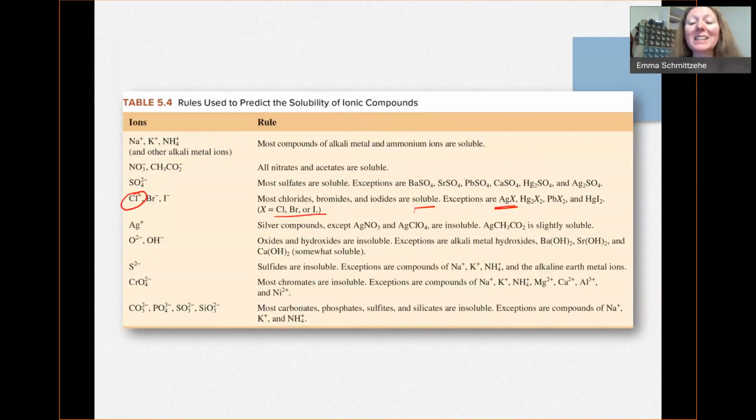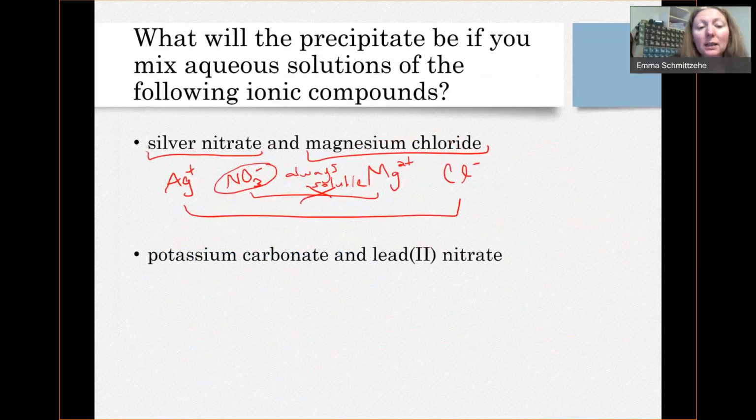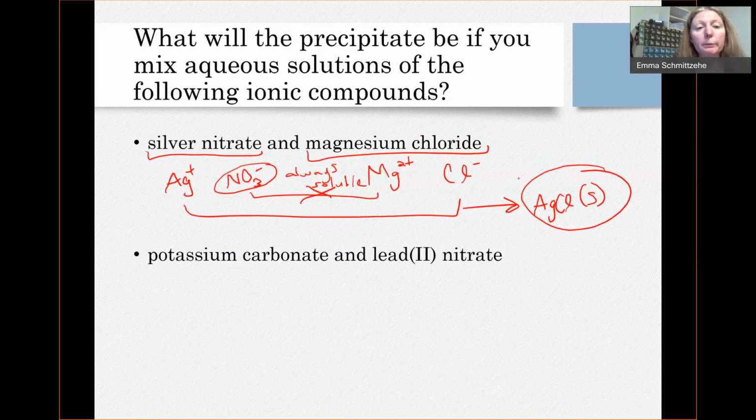So that one is insoluble if you have AgCl. Okay, so that means that when we combine Ag+ and Cl-, you're going to get the precipitate AgCl. And so that's the answer for that first one.